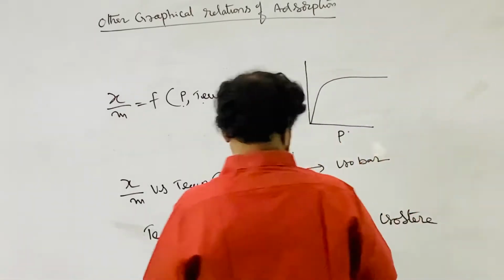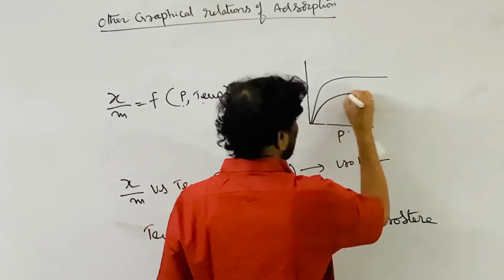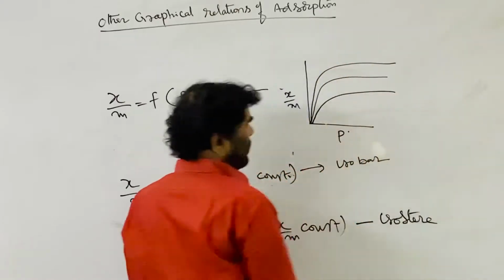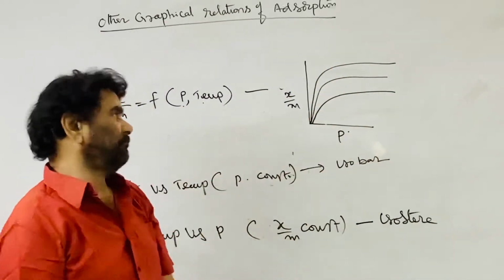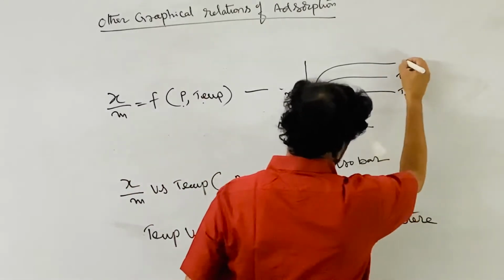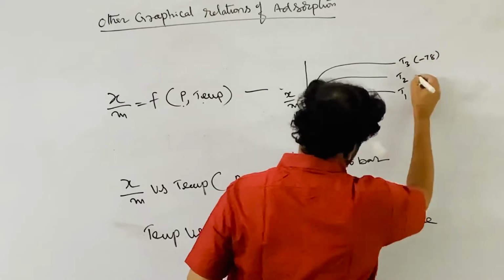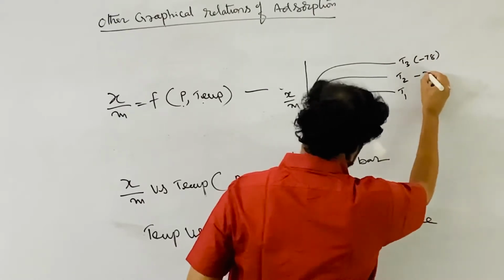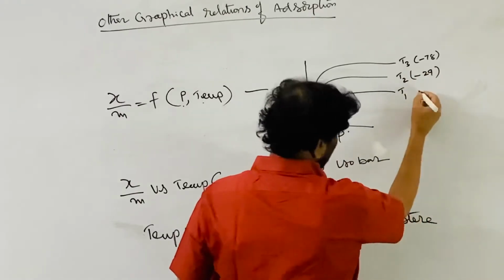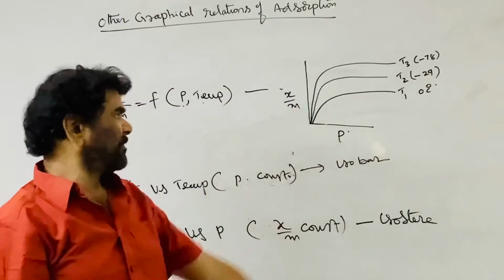These are adsorption isotherms only, the trend is the same. This is at T1, this is at T2, this is at T3: 0 degrees Celsius, minus 29 degrees Celsius, and minus 78 degrees Celsius for nitrogen gas.